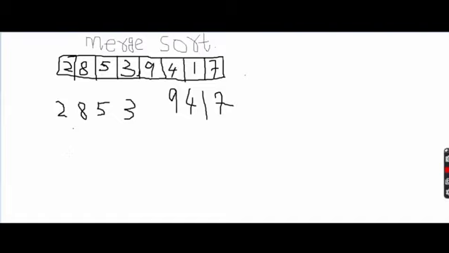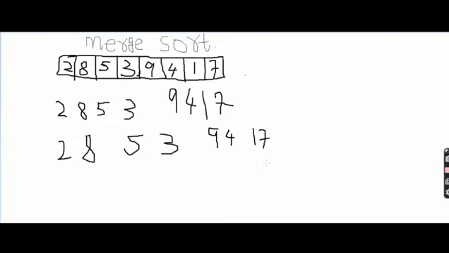Let's divide it further: 2, 8, 5, 3, 9, 4 and 1, 7. So now we have four parts: 2 and 8, 5 and 3, 9 and 4, and 1 and 7.